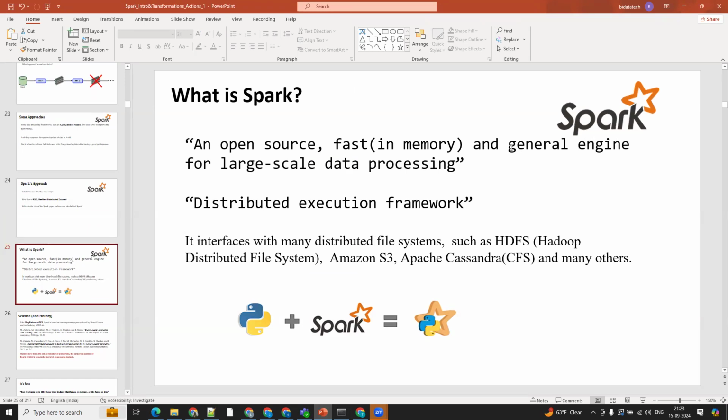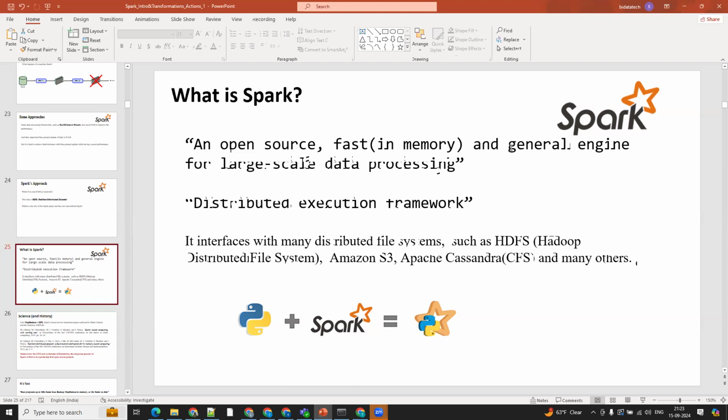That means you can do batch processing, you can do stream processing, you can implement machine learning algorithms. Everything you can do in Spark. It's a one-stop solution for all the activities which you are doing in Hadoop. It's a common, generic framework for all those requirements.